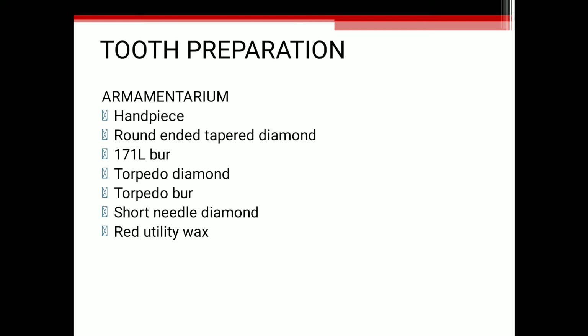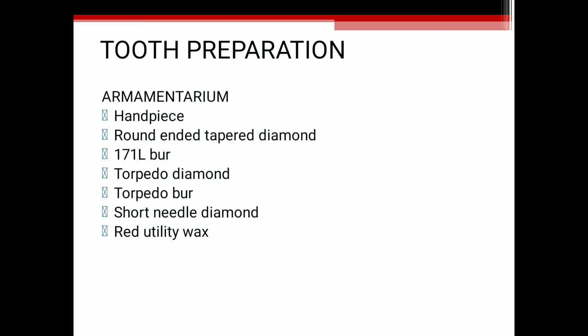First and most important is your handpiece, that is your air rotor handpiece. Then the round and tapered diamond bur, 171 L bur, torpedo diamond bur, short needle bur, and red utility wax. These armamentarium you have to keep ready.